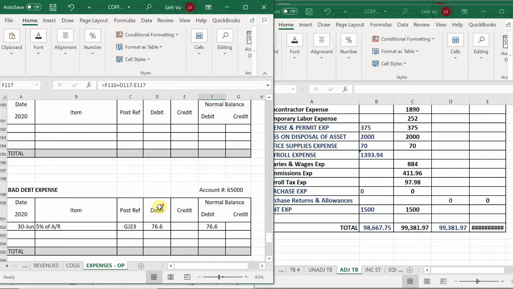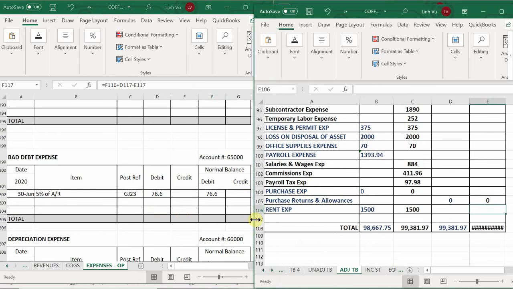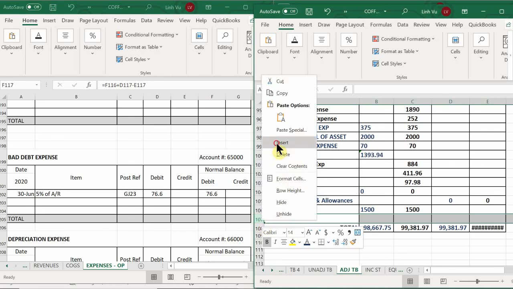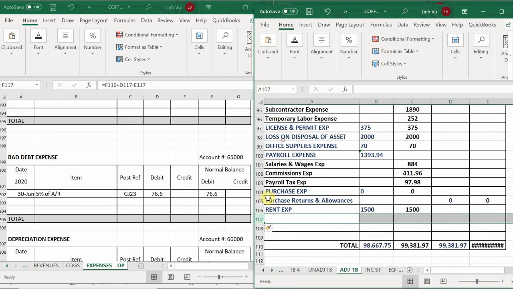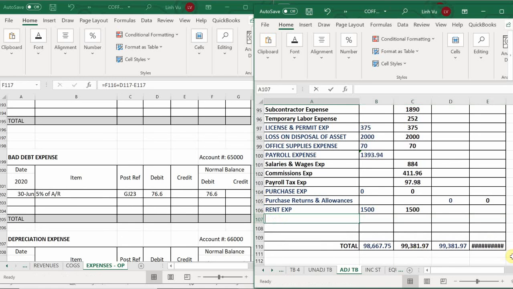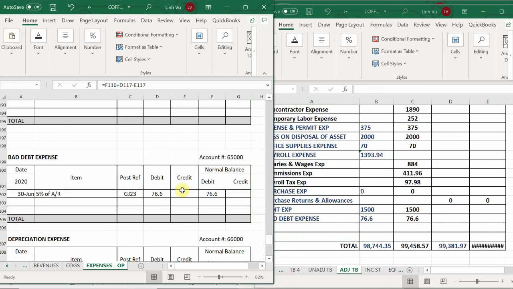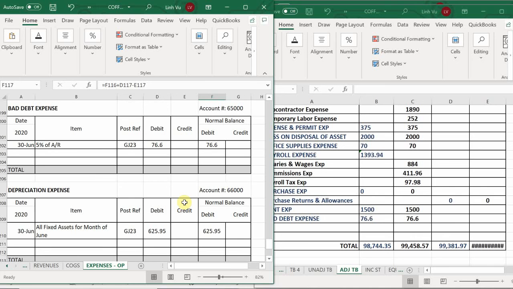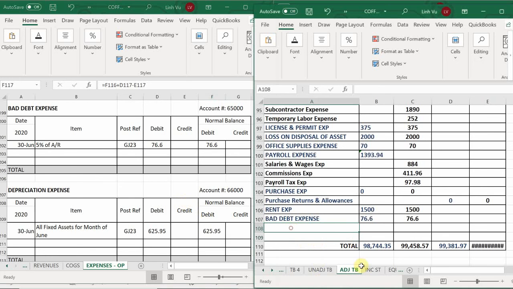So let's start with the first one, bad debt expense. I'm going to go ahead and insert three more here. So first one is bad debt. For how much? 76.60. Okay, what about my depreciation expense?